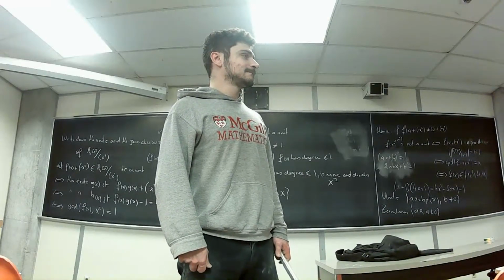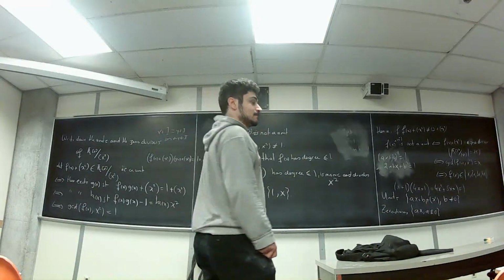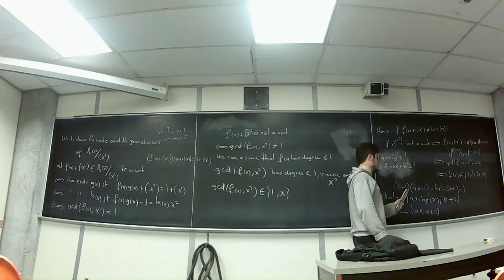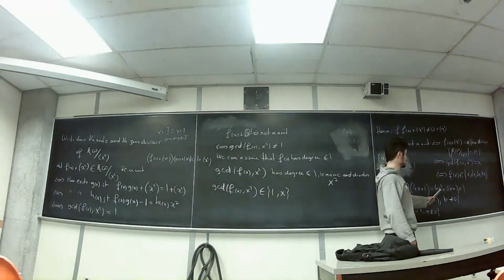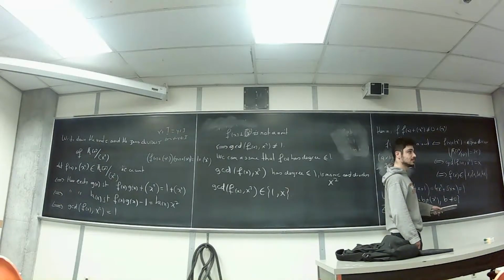So just to make sure, for x squared, we're modding out by x squared. Where does x squared go to? 0. You're in F5. Yeah, exactly. If you're in F5, what is 5x? 0.